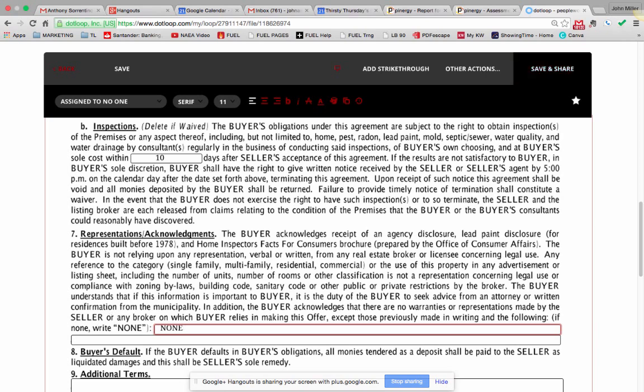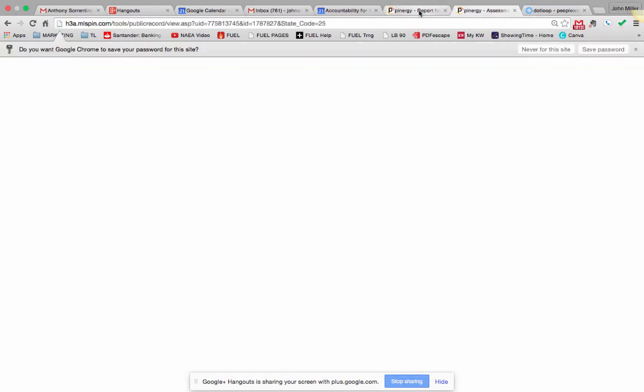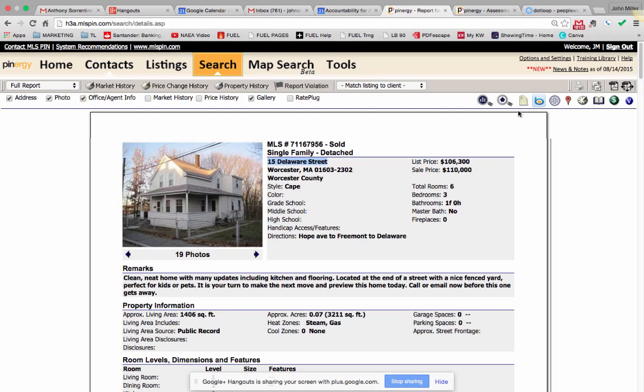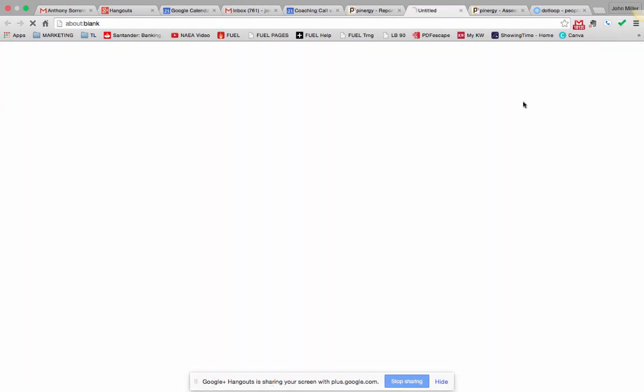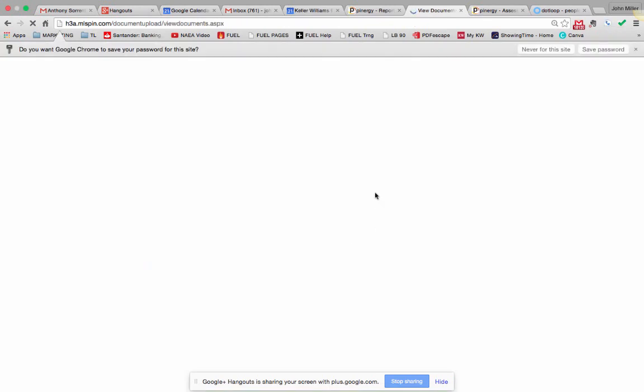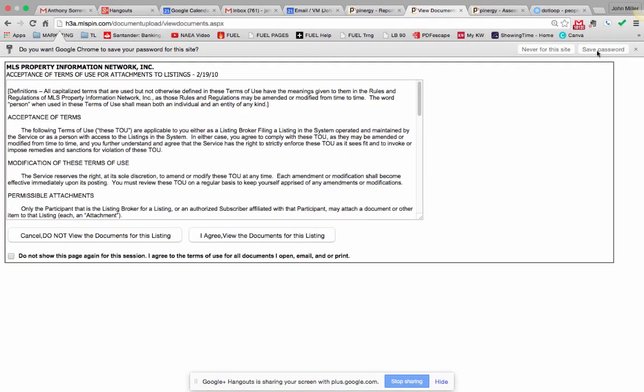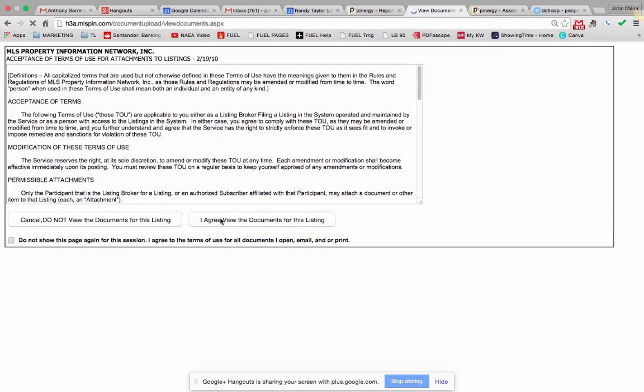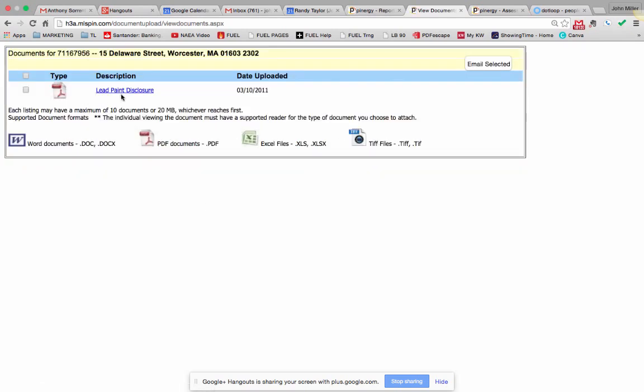So if you go in MLS right here, guys, and you click on the property and you see this little tab up here where there are some additional documents, and you pull down and let's say there are some warranties or representations on the property that they're making. Like here's a lead paint disclosure form, or you may see seller's description of property in here.